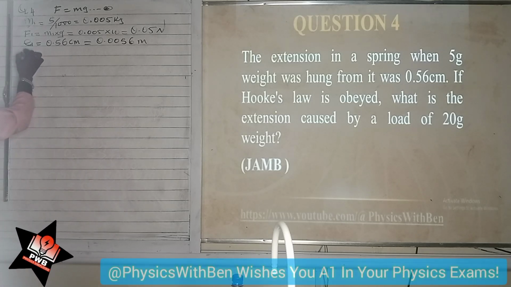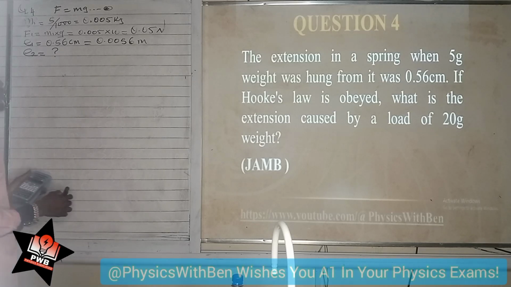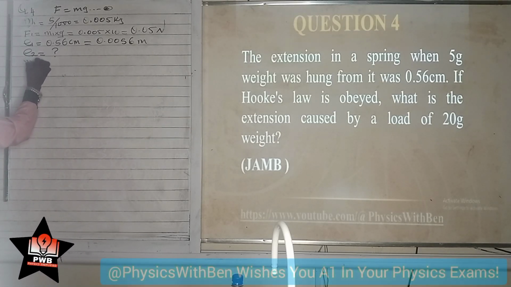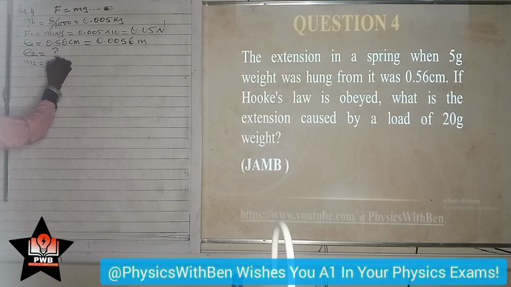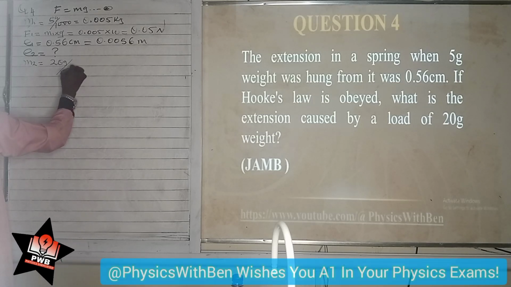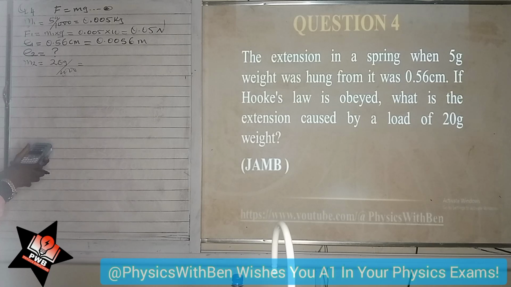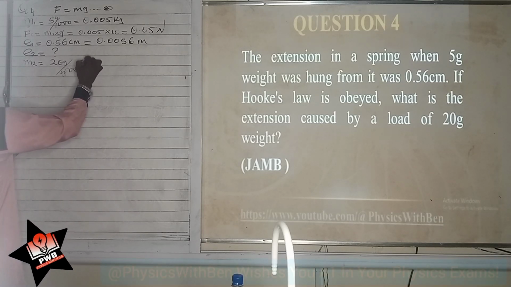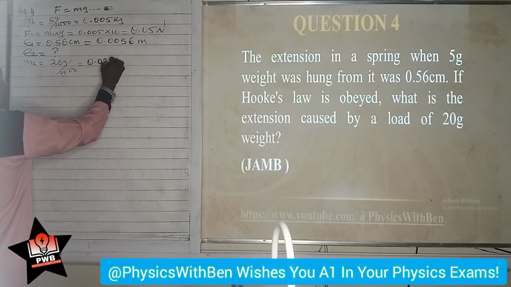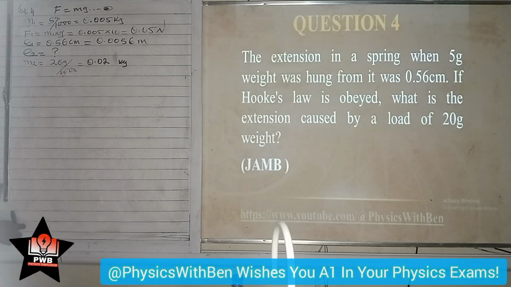So if Hooke's law is obeyed, meaning if the elastic limit is not exceeded, what is the extension E2 caused by a force of what? Our m2 in this case is 20 grams divided by 1,000, and that will give us 0.02 kilogram.